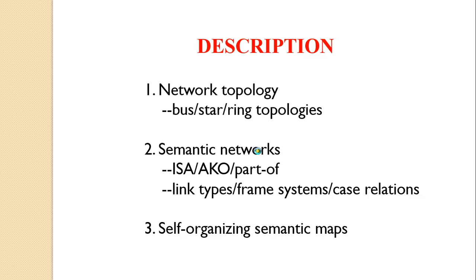Then I will introduce an approach to identify the semantic network topology called self-organizing semantic maps. Then I will use MATLAB to conduct simulation experiments and get results. Finally, I will analyze and evaluate the results and draw a conclusion.